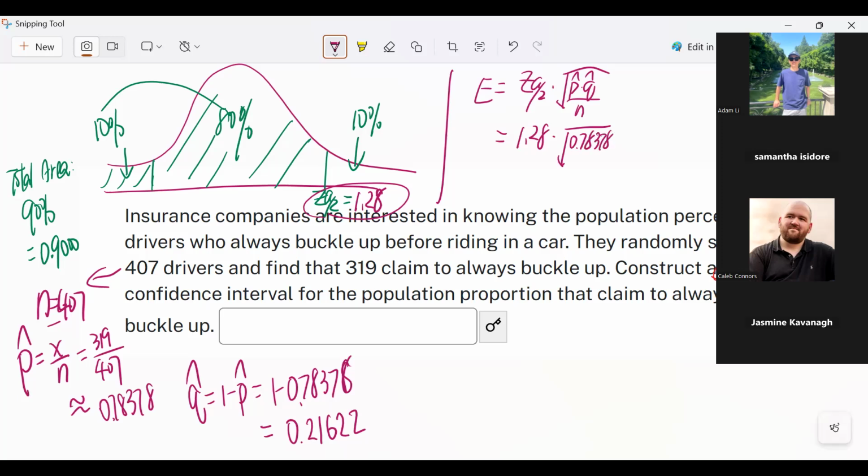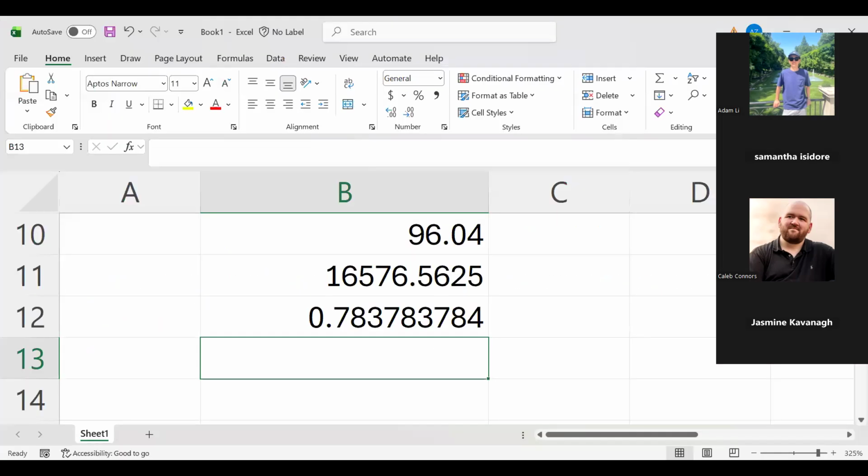0.78378 times 0.2163 over 407. This time we can round to 3 decimals because it's approaching the final step, so it should be good.